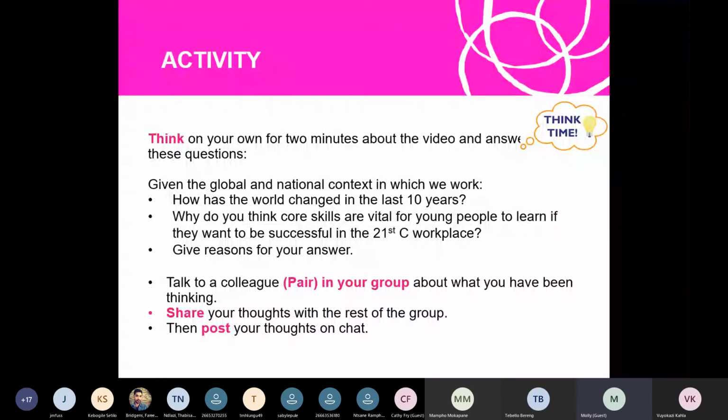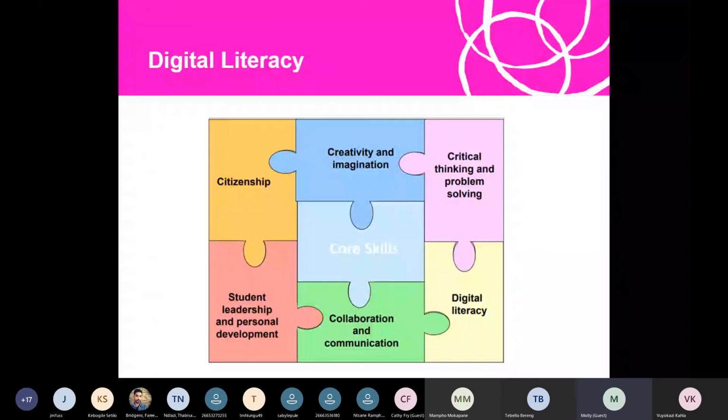So therefore, we need to understand what is digital literacy. We hear about financial literacy. We hear about health literacy. So we need to think about what does digital literacy actually mean. So we will go to the next slide.